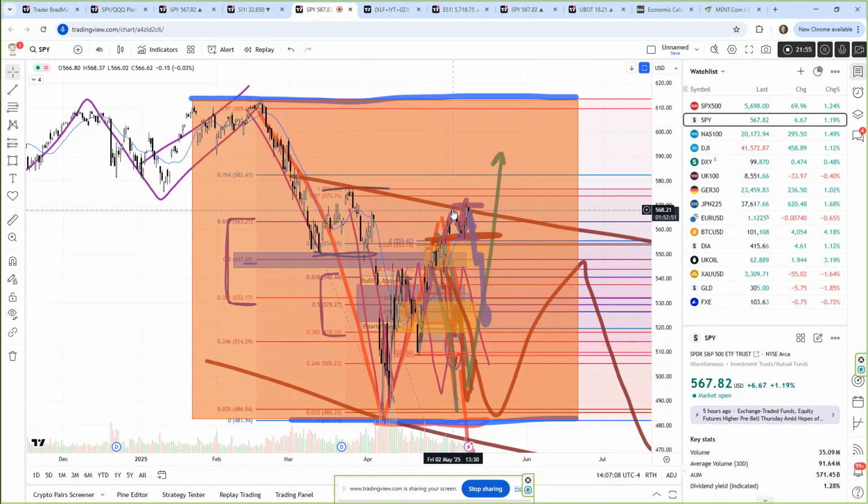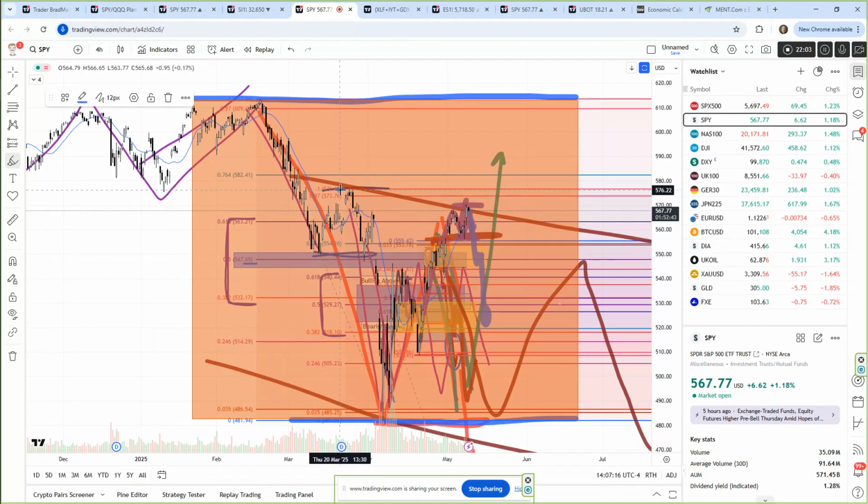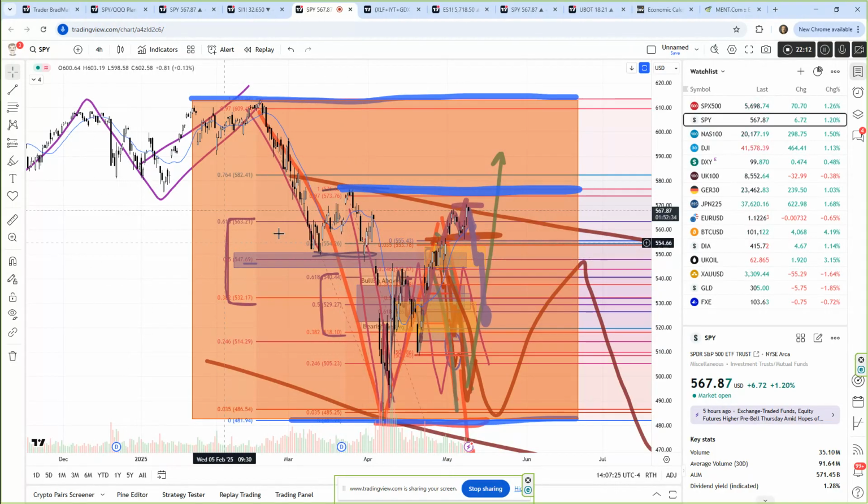Now, we do have a new ultimate high setting up off of these highs. I would argue that because they are so close to this high right here, this level, 575, 576, now essentially takes over from this level. This level is still valid. This is the ultimate high. This is where we're going to have to get new all-time highs.